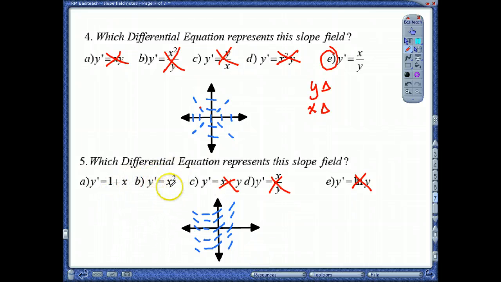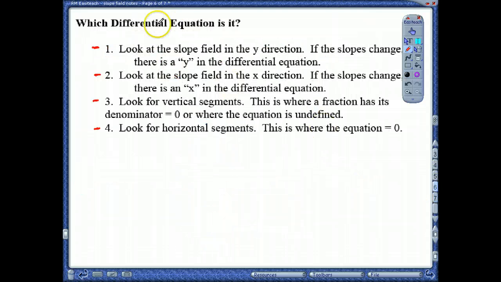Well, we know that x squared, even if my x coordinate's negative, is going to be a positive slope. Notice here you have negative slopes, so that one doesn't really make sense. So if I'm looking at this one, when x is equal to negative 1, that's where it should equal 0. Sure enough, that's at negative 1. That is our winner.